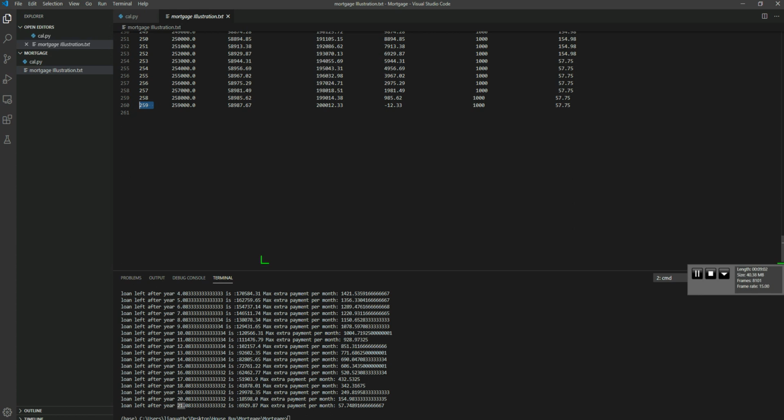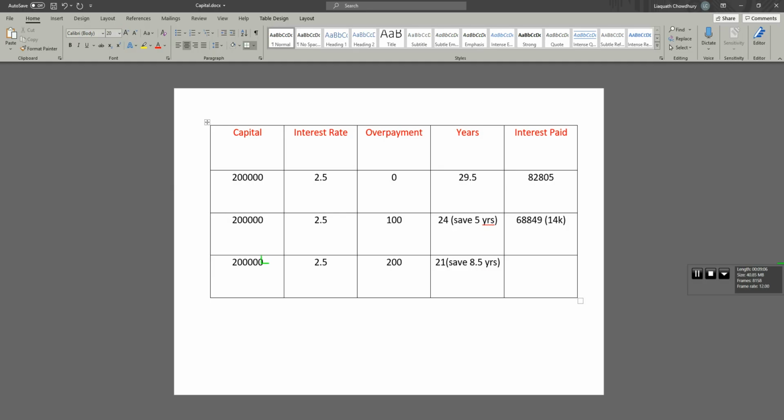Now we are paying 58,987. So how much are we saving here? Let's say 59, then 10, 23 or 22. It doesn't really matter.